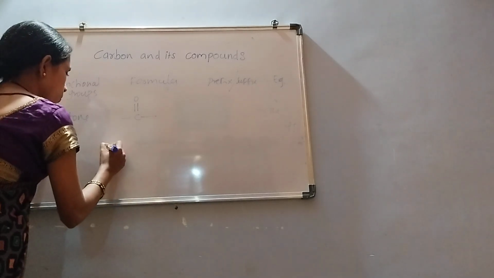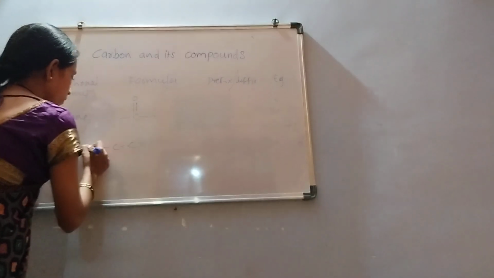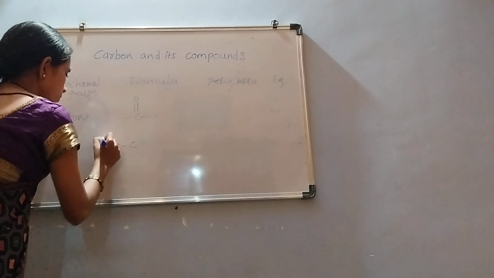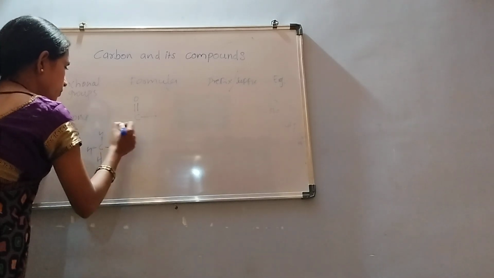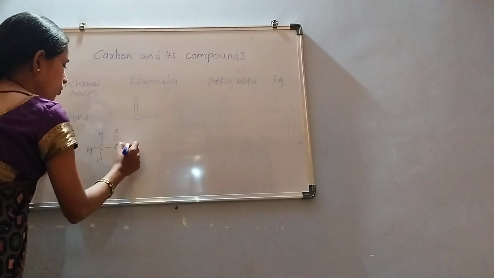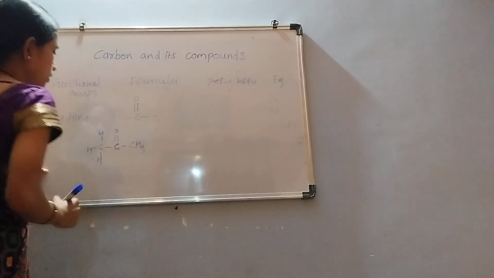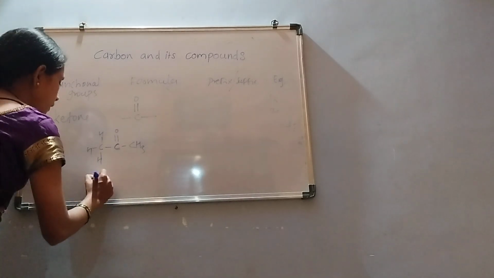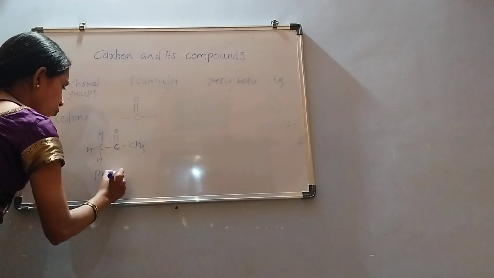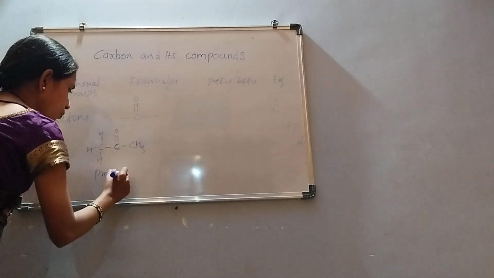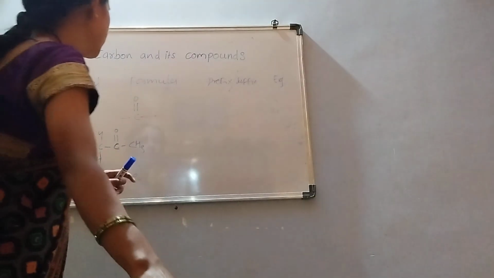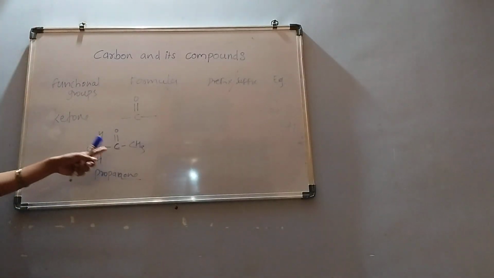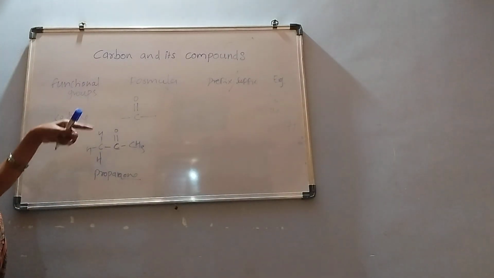So in case of propane, we take three carbons, with the functional group C double bond O and then CH3. We write it as propanone. ONE is the suffix. Then like propanone, butanone, pentanone, we can write the structure.